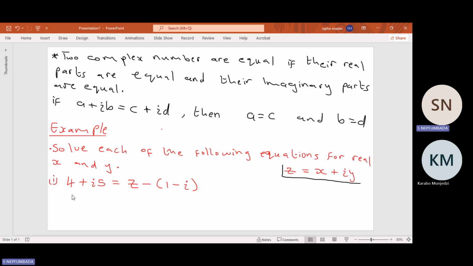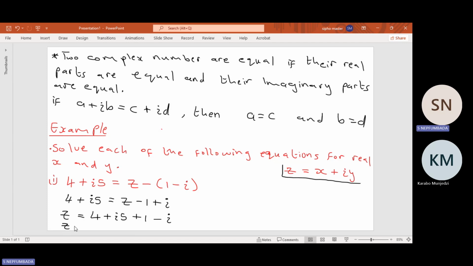We first simplify this equation and make z the subject of the formula. It means that we're going to have 4 plus 5i is equal to z. Then we remove the bracket, this is minus 1 plus i. Then we take everything to the other side, so z equals 4 plus 5i, plus 1 and minus i.